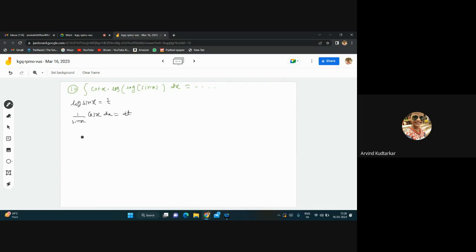Cos x by sin x means cot x. So the integral becomes t into cot x dx, which is dt.